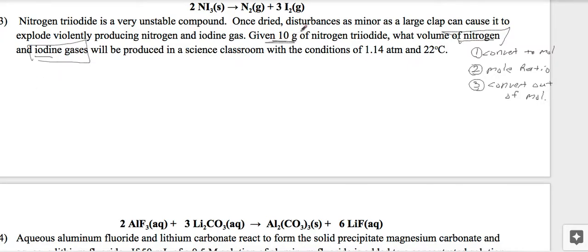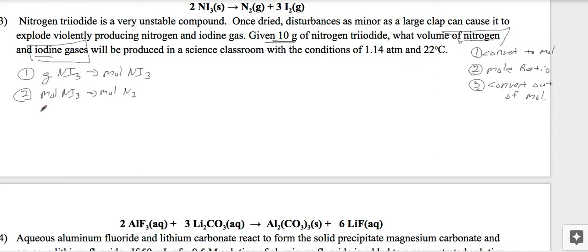Given 10 grams though, our first step is to convert that to moles. So we're just going to use our grams of our nitrogen triiodide and convert it into moles using the periodic table. Second step is the mole ratio. We go from moles of nitrogen triiodide to moles of nitrogen.